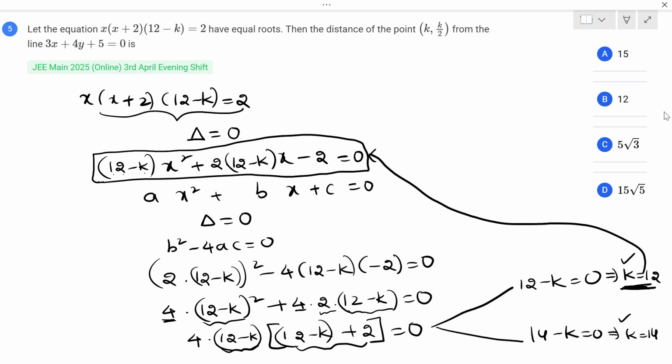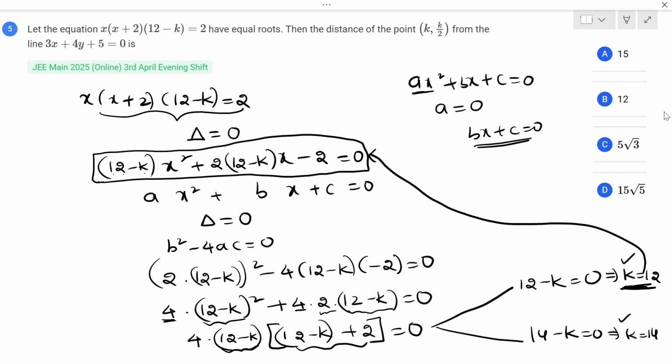Let me clearly tell you what I mean. Let us suppose I have a quadratic equation ax square plus bx plus c is equal to 0. I am giving that it is a quadratic equation, but I said that a is equal to 0. If I put a is equal to 0 here, that will become 0 into x square. So that would be bx plus c is equal to 0. Is bx plus c a quadratic equation? No, not at all.